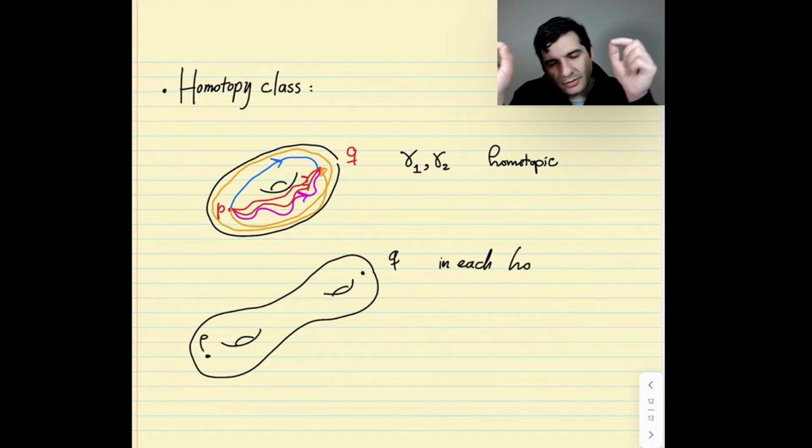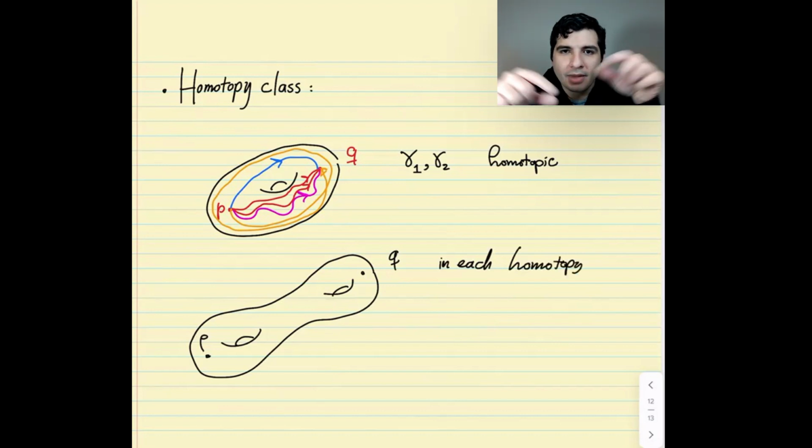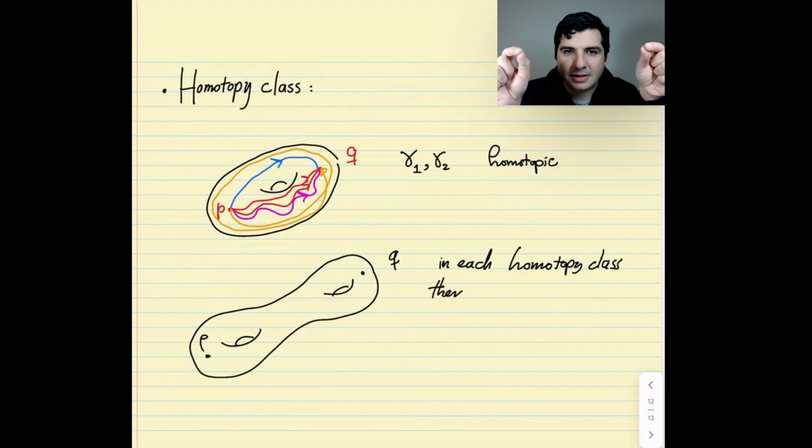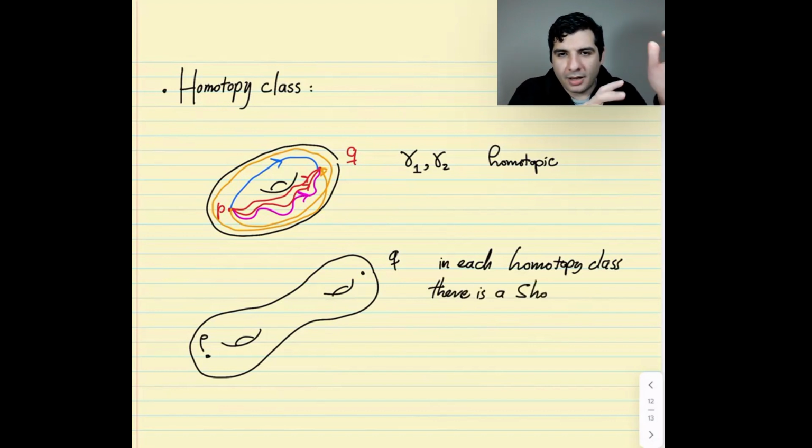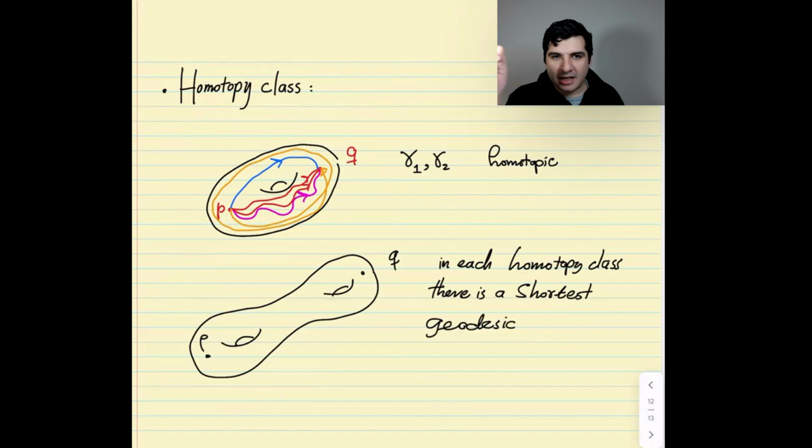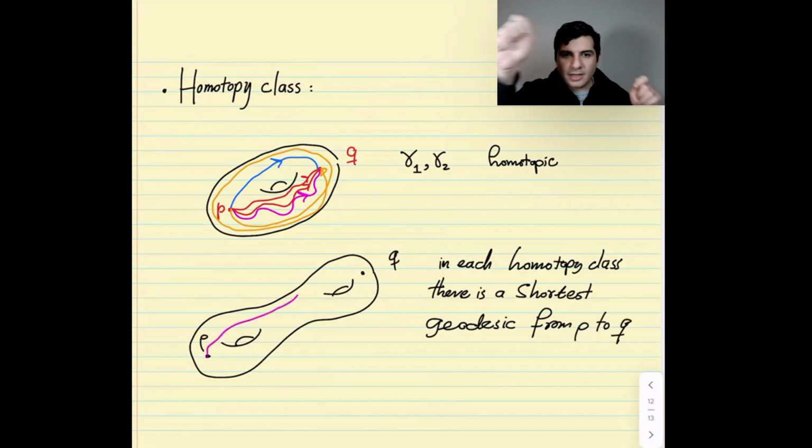Now, one can make this statement about geodesics even slightly more accurate. The point is that if I have two points P and Q, in each homotopy class, there is a shortest geodesic in that class. For instance, if I look at the curves which go from P to Q from the left side of this picture, let's say this pink one is in one homotopy class.